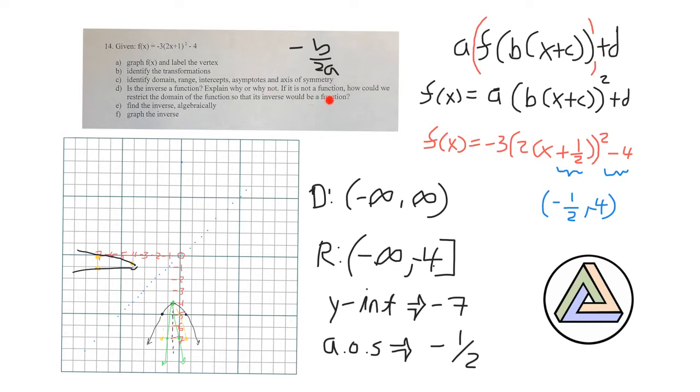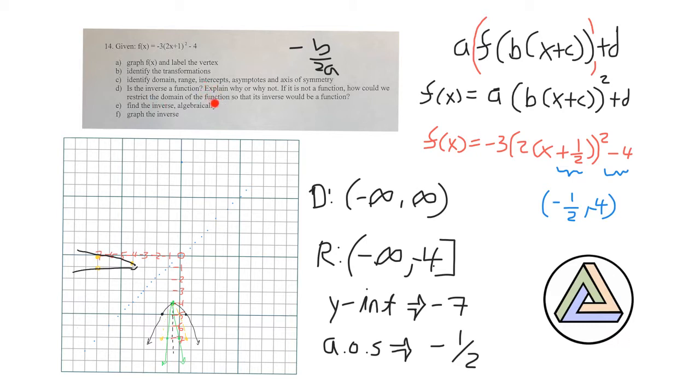If it's not a function, how can we restrict the domain of the function so that its inverse would be a function? Right, let's see. Well, that's an interesting question. How can we restrict the domain of the function? I'm assuming the original function.